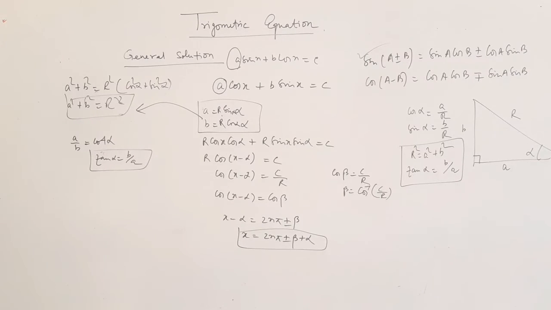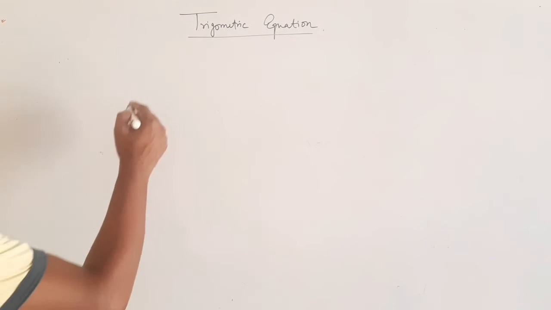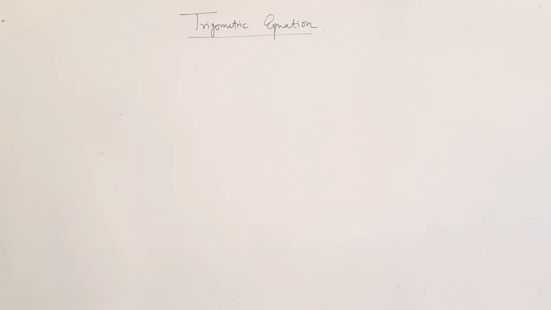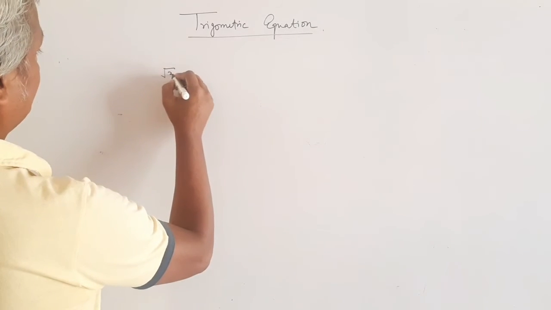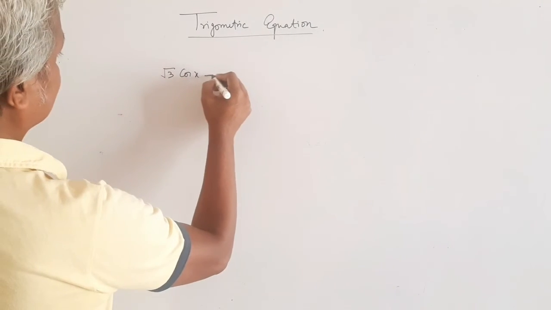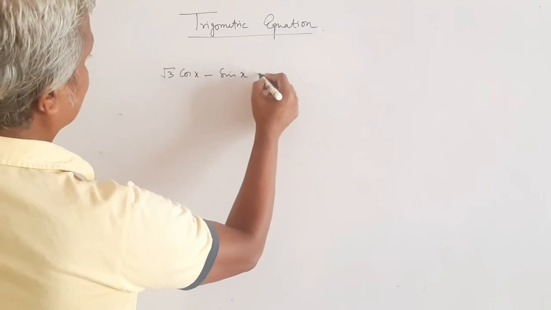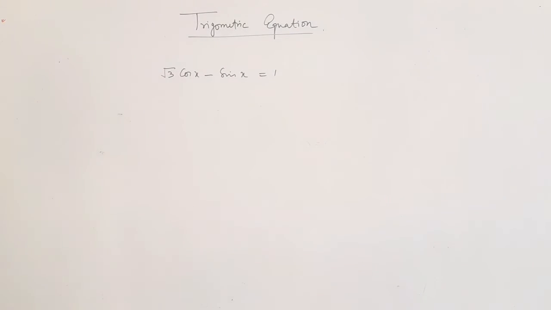Now let me solve one question, then you'll understand this in more detail. So here I have a question, and it goes like this: root 3 cos x minus sin x is 1. How will I solve this question?